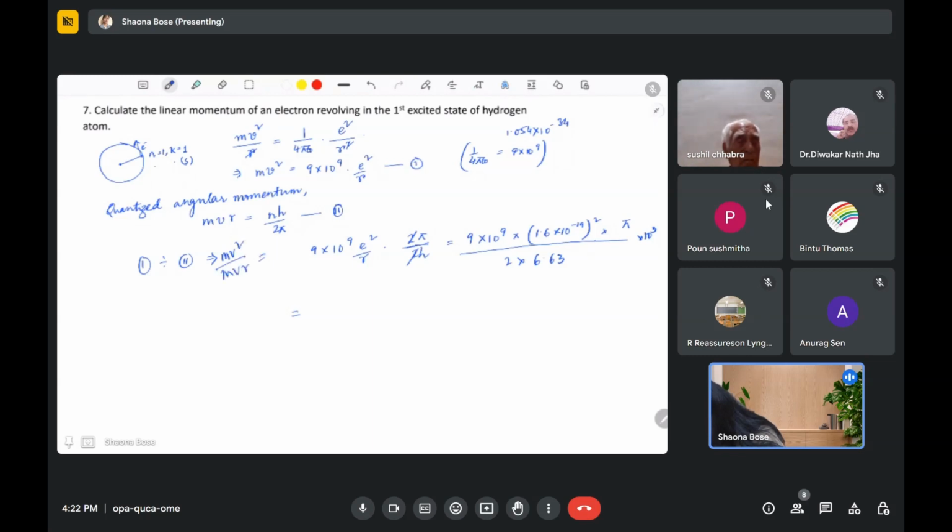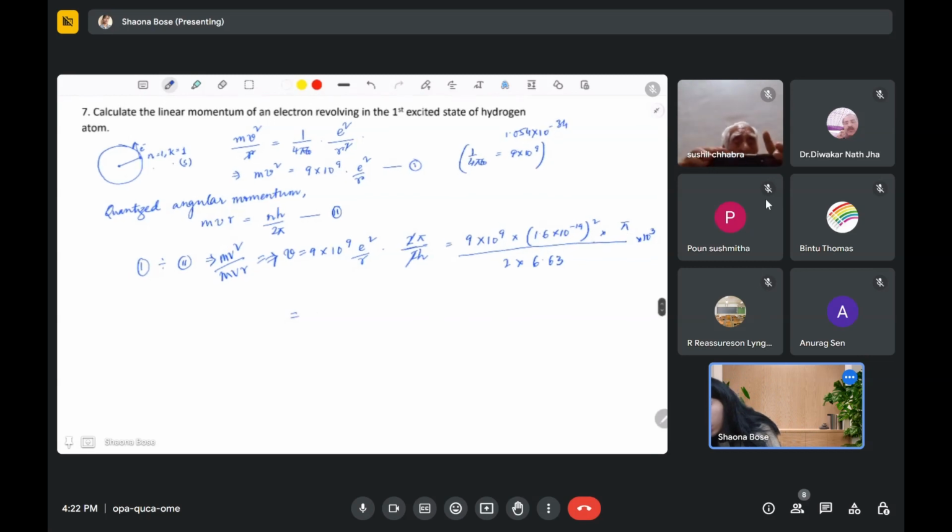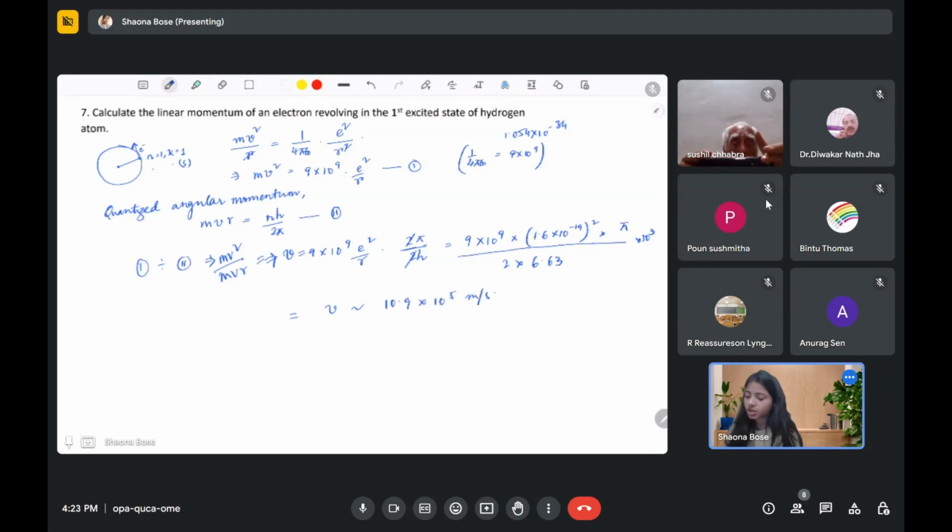We just put in these values, 1 divided by 2, and this is v. Okay, from here, this comes out to be 10.9 into 10 raised to the power 5 meters per second.